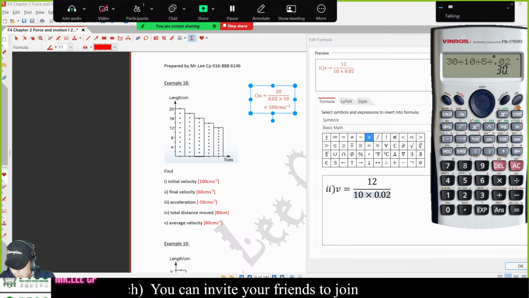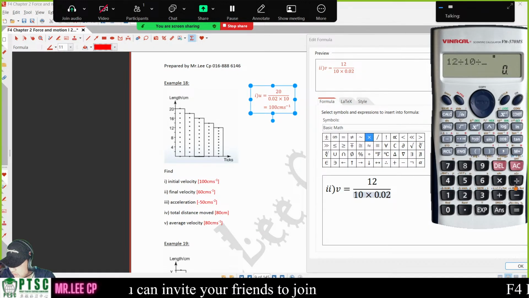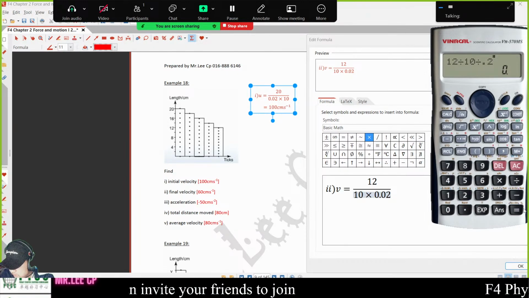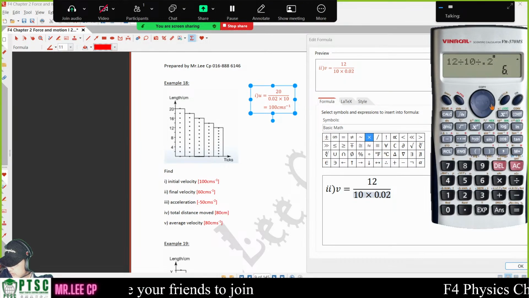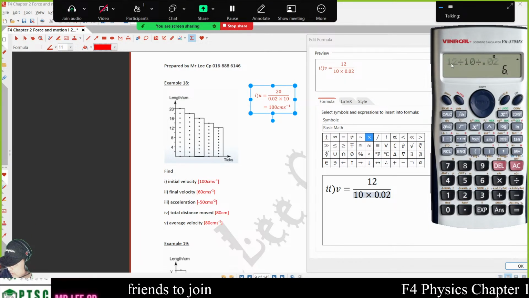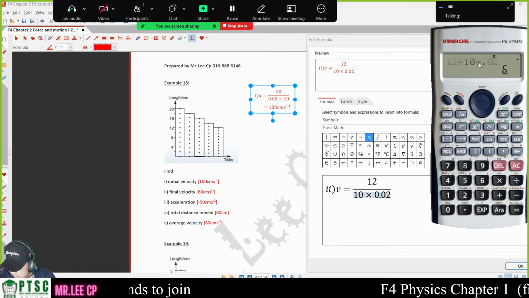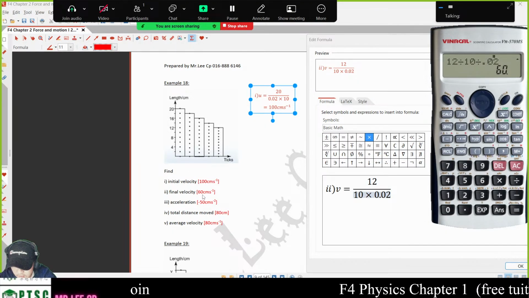So 12 divided by 10 divided by 0.02, I will get 60. Yeah, correct.